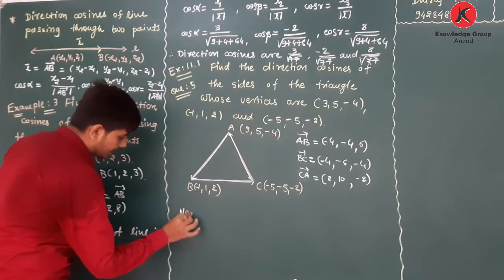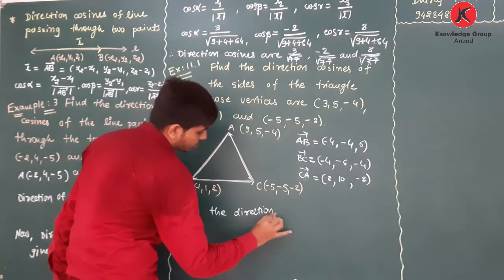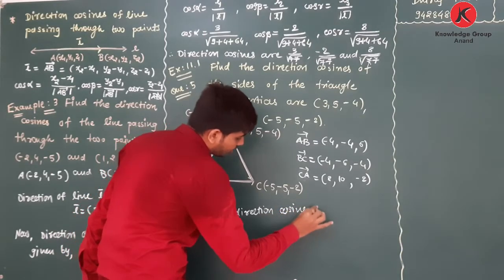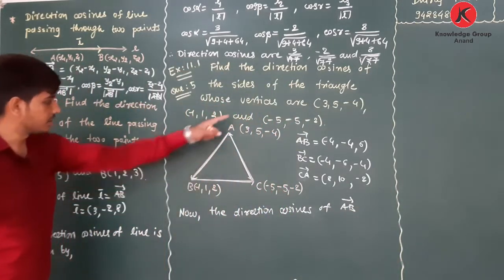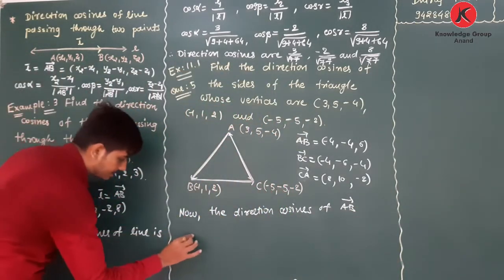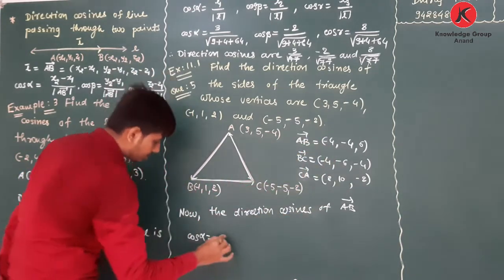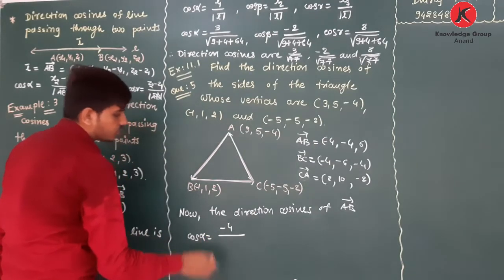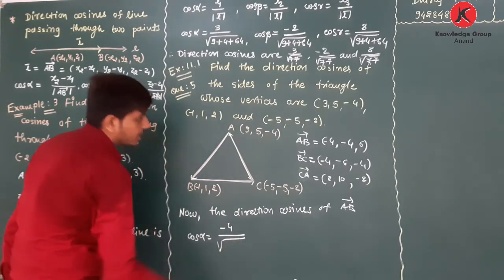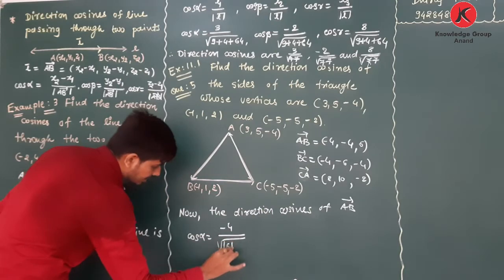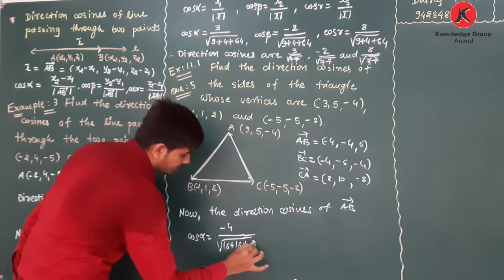Now the direction cosines of vector AB, which is given as cos alpha equals to, चलो वेक्टर AB x coordinate minus 4 divided by magnitude of AB, which is given as under root of minus 4 square 16 plus minus 4 square 16 plus 6 square 36.